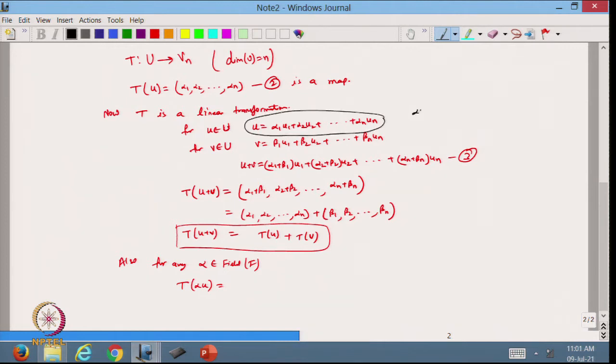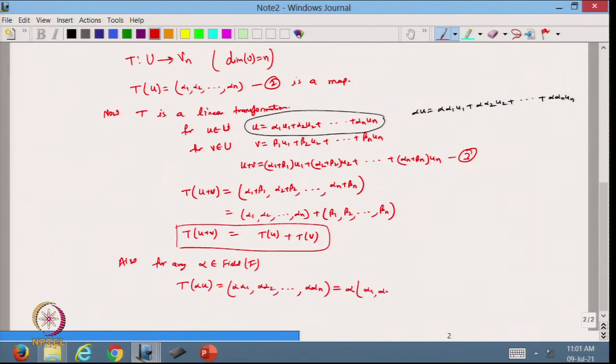So, alpha u will be alpha alpha 1 u 1, alpha alpha 2 u 2, up to alpha alpha n u n. From here I can write that this will be equal to alpha alpha 1, alpha alpha 2, alpha alpha n, and I can take alpha common.